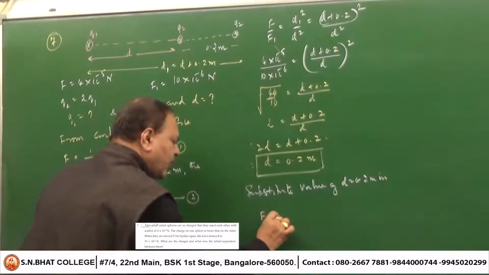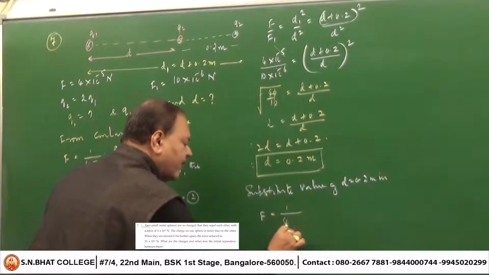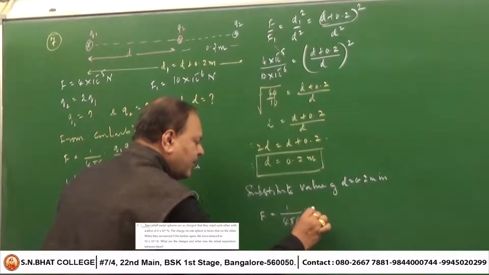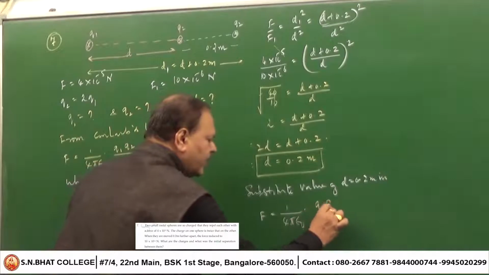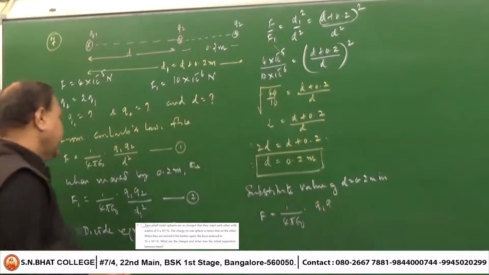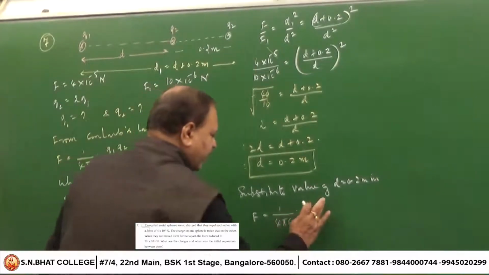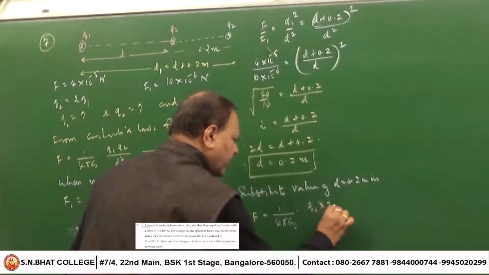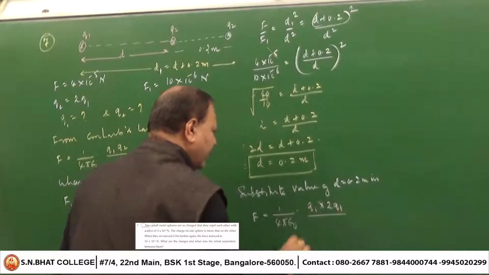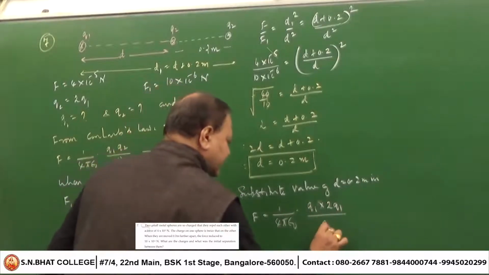Then F is equal to 1 by 4 pi epsilon naught into Q1 Q2 by D square. Look at this, Q2 is equal to 2 into Q1. In the place of Q2, you write 2 into Q1, divided by the distance square.